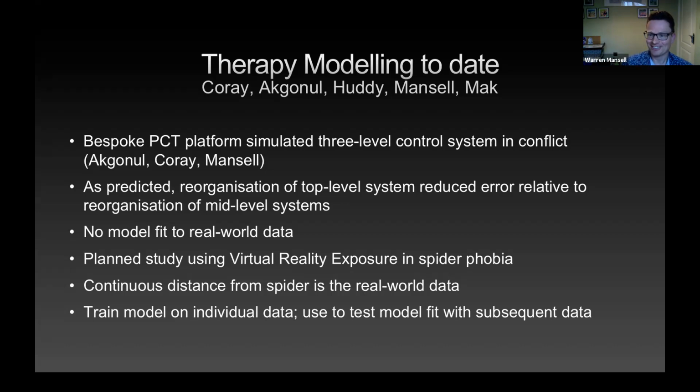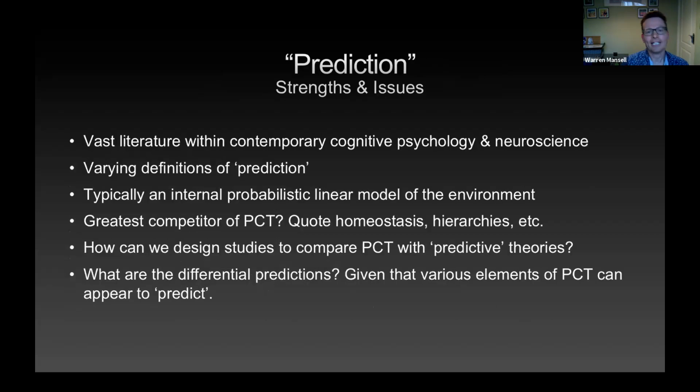Now, the problem we're going to have is that there are going to be changes, okay? But we're going to see if we can get some quite tight fits to people that don't make those reorganizations, but maybe show that reorganization process in the ones that have a shift through the therapy. And Matt can talk a bit more about this in a short while.